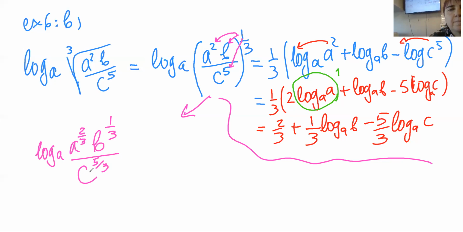Do you understand? You're using one of the properties of exponents: if you have a to the power of x, y, this is a to the power of xy, right?